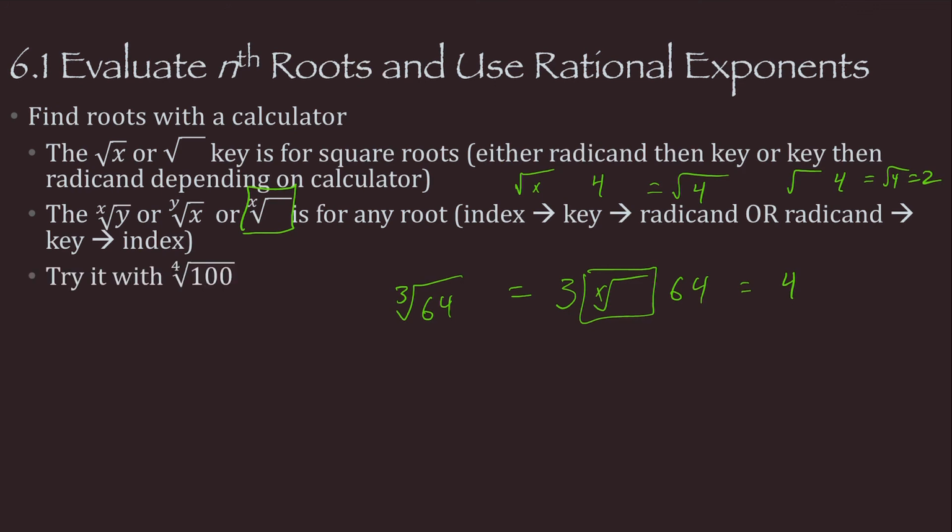So why don't you try that with the 4th root of 100. So you'll have to type 4, that button, and 100. All right, if you can't find that button on my scientific calculator, it is second and then the hat.